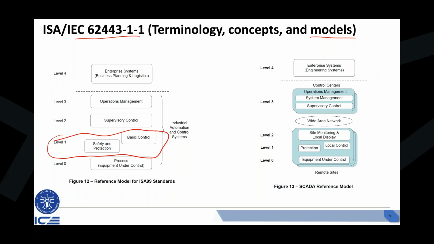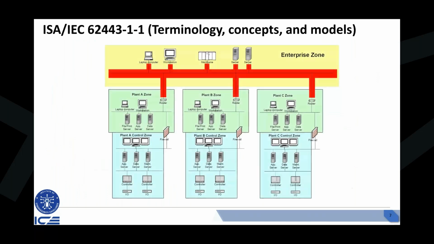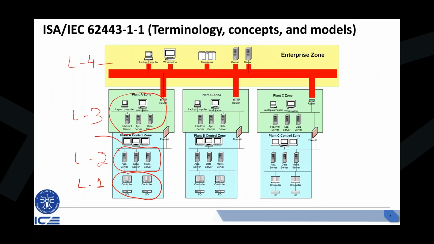So you can see that controllers are level 1, and then you have some maintenance server, data server, application servers at level 2. And then this seems like level 3, and this seems like level 4, enterprise. But you can see that both level 1 and level 2 for plant A reside in one security zone.